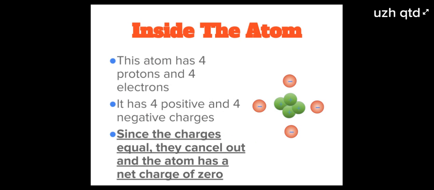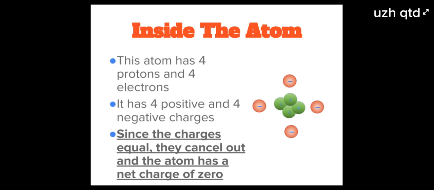So this atom has 4 protons and 4 electrons. Would anybody like to tell me what atom this is? If you said beryllium, you are correct.